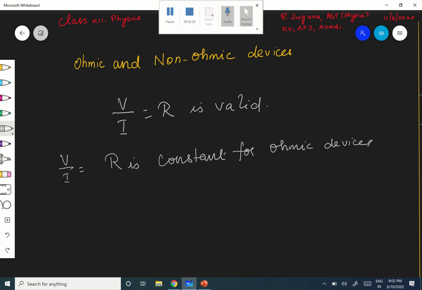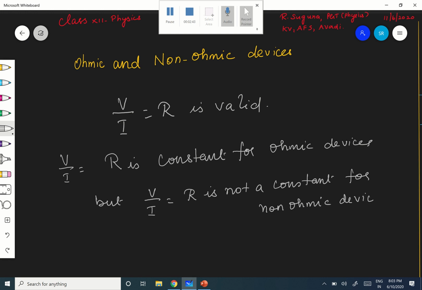But V by I, that is equal to R, is not a constant for non-ohmic devices. This is the only difference, which means that Ohm's law is not obeyed.